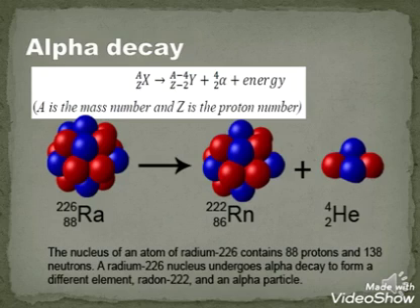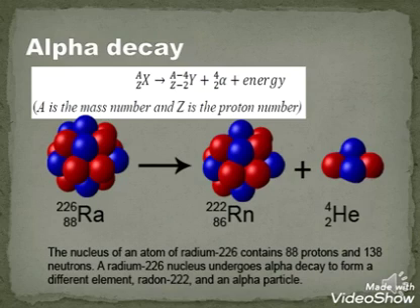Take a look at this example. The nucleus of an atom of radium-226 contains 88 protons and 138 neutrons. A radium-226 undergoes alpha decay to form a different element, which is radon-222 and an alpha particle.